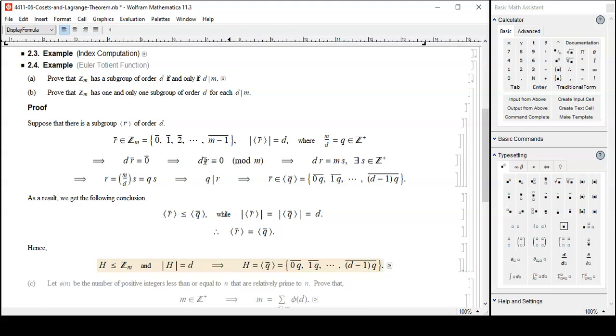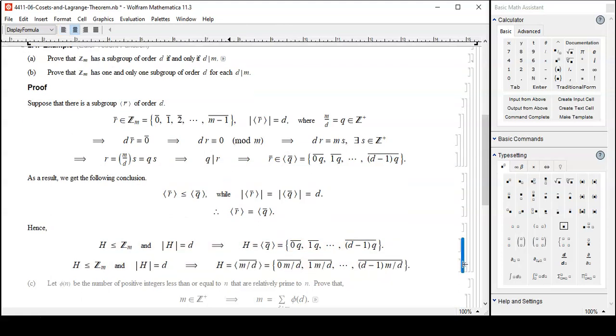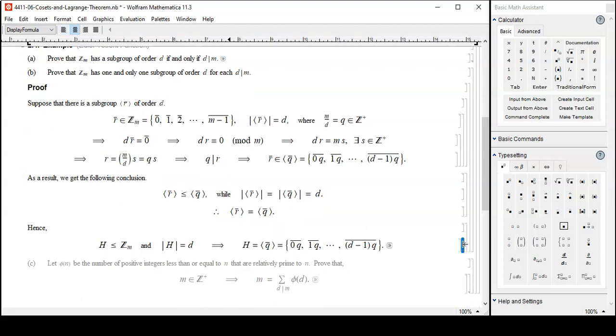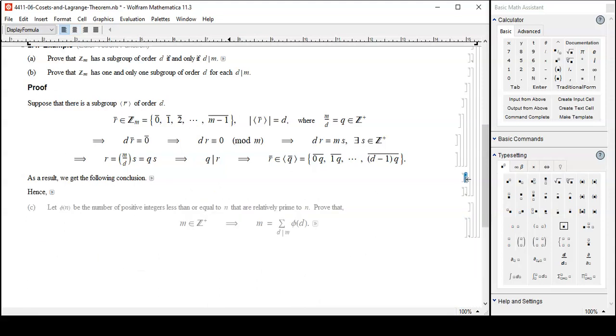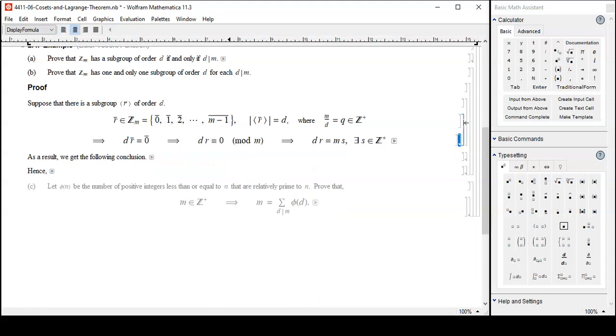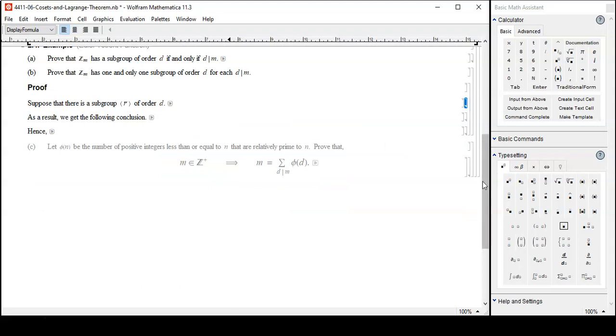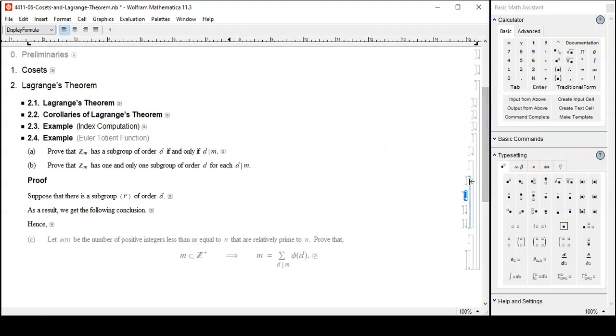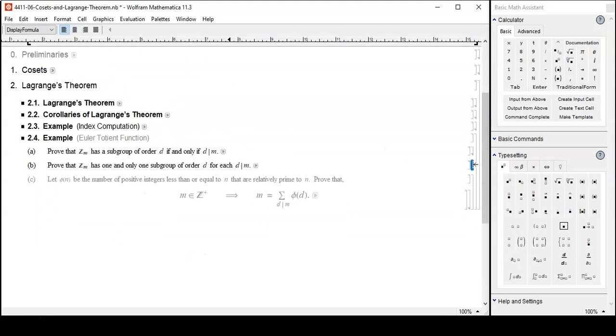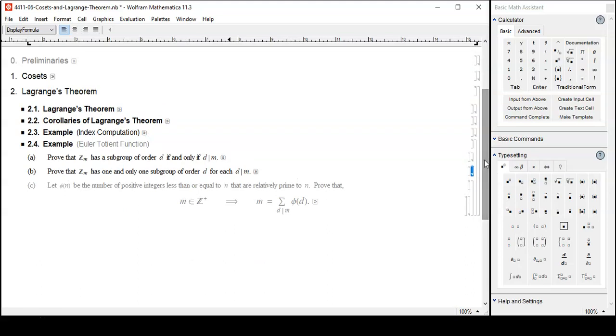This way, I didn't really have to go through r bar in my final expression, but in the process of proof, I did require that r bar because this works for cyclic groups. And if you do not work with a cyclic group, this is not true in general. For example, if you consider Klein's 4 group, then the uniqueness breaks down. There are multiple subgroups of the same order.